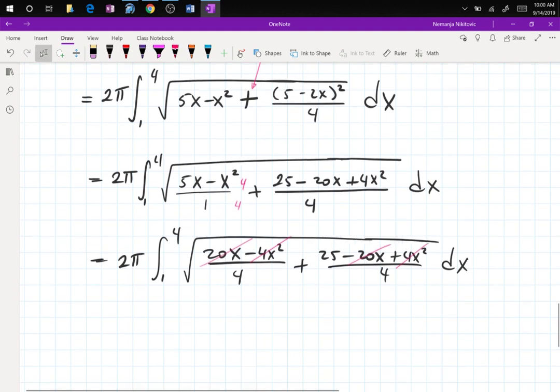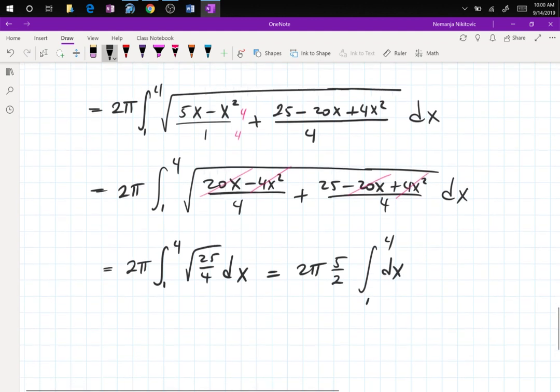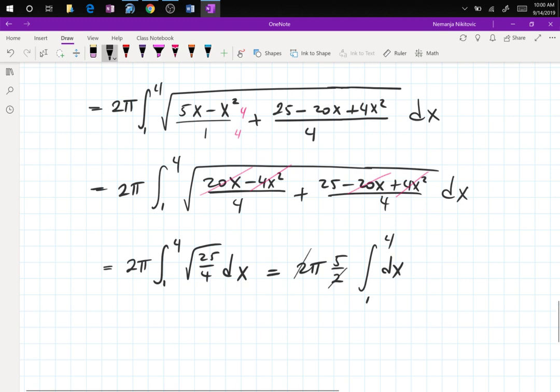So these are all gone. We are left with 2 pi integral 1 to 4 of square root of 25 over 4 dx. Awesome. Square root of 25 is 5, square root of 4 is 2, so this is 2 pi, and then you just have 5 over 2 integral of dx, 1 to 4. 2 and 2 will cancel.